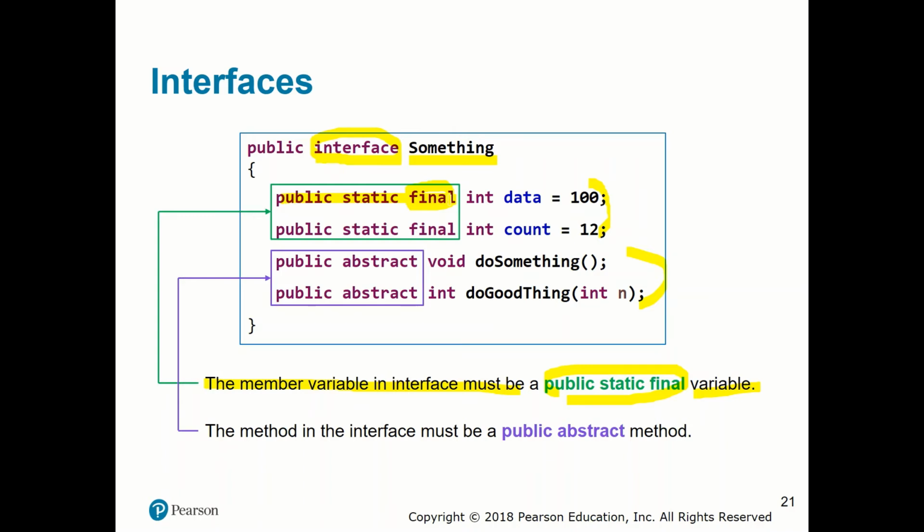And methods in an interface must be declared public abstract. That's why there is no body part here, no braces, it just ends with a semicolon. So in an interface you can have constant member data and abstract methods.